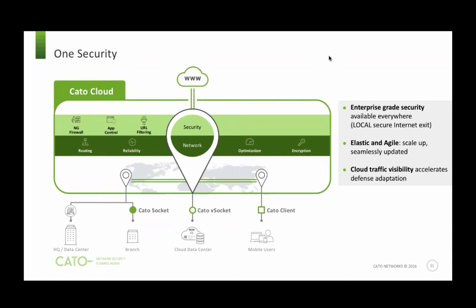And all of these services, and I'll talk about our roadmap in a second, are fully elastic and agile. You don't have to think about capacity planning anymore in terms of your firewall sizing. So you don't have to think about different models of what you will deploy on-premise. You don't have to think about upgrades or growth.